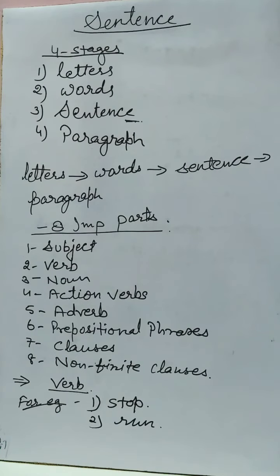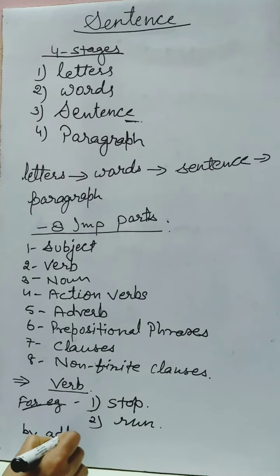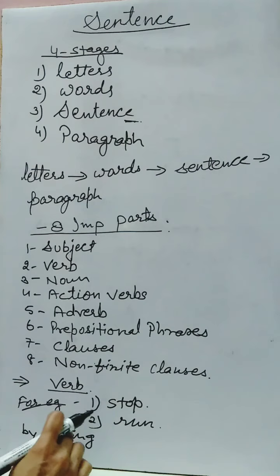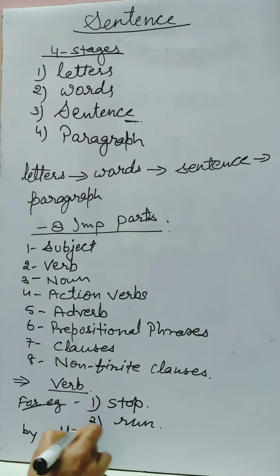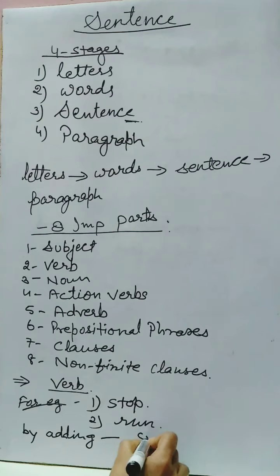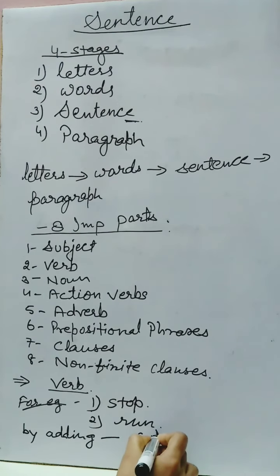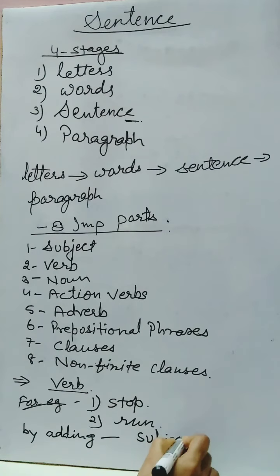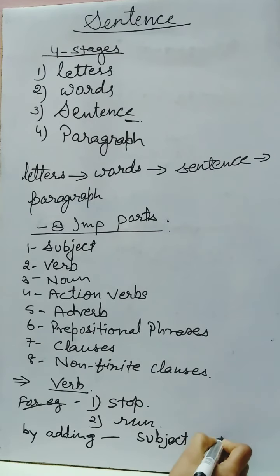And if we want to make a larger sentence than this, यदि इससे बड़ा सेंटेंस बनाना है, then we have to add a noun before the verb. तो हमें इस वर्ब के पहले नाउन ऐड करना होगा. That is called subject. उस नाउन को हम सब्जेक्ट कहते हैं. Means by adding subject before verb.